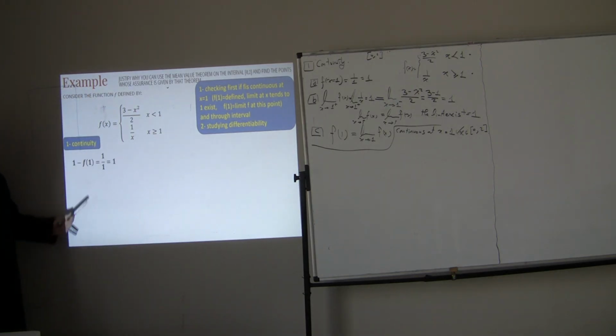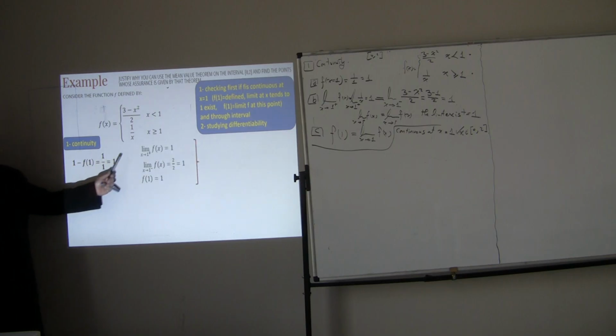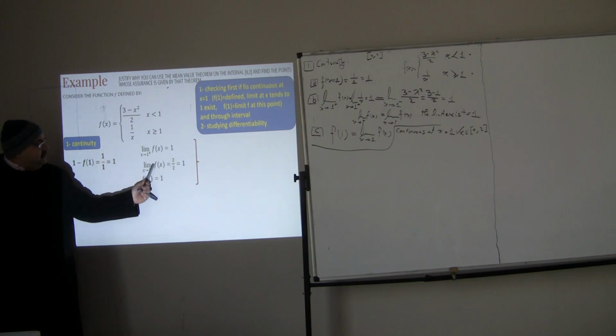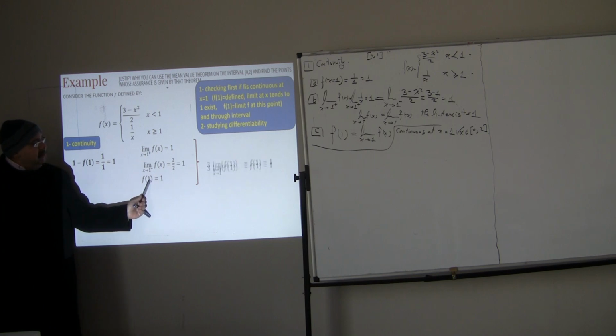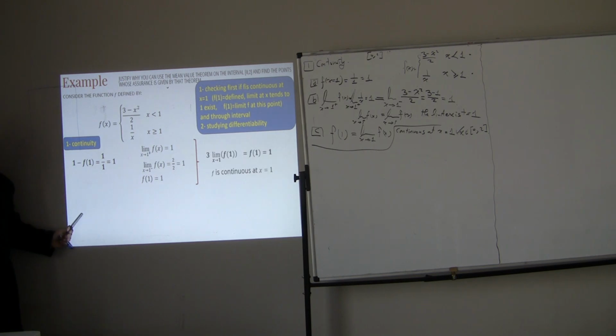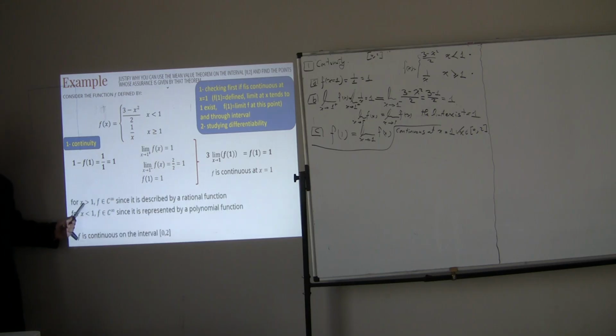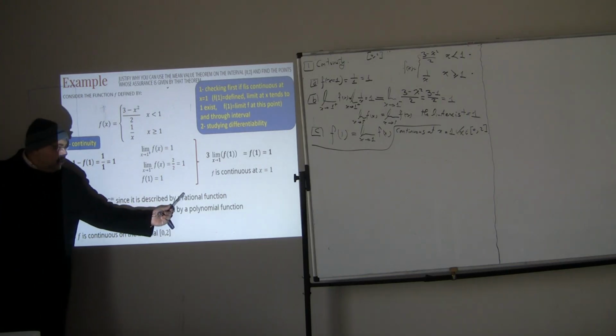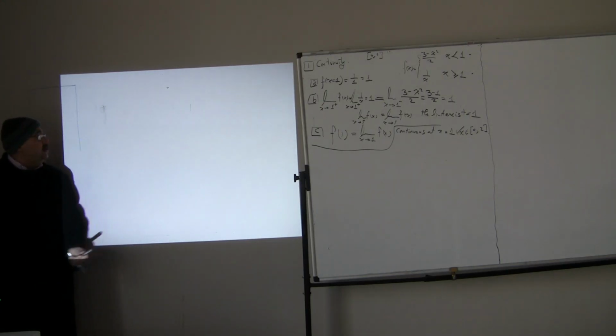Then I will go to differentiability. This is the definition. These are the limits from the right and from the left. Both of them equal 1, so the limit exists and equals 1. The second step: of course it is continuous, since both wings belong to continuous functions. One of them is a rational function and the other is a polynomial, so it's continuous.